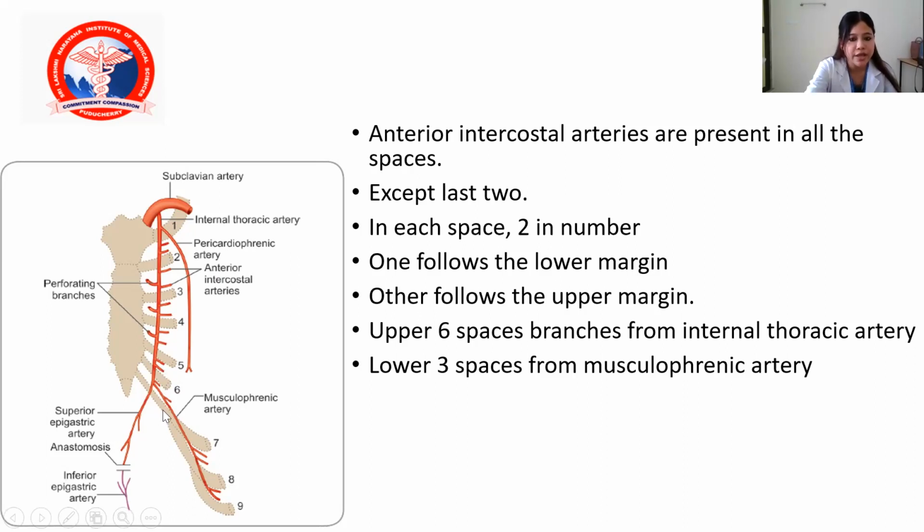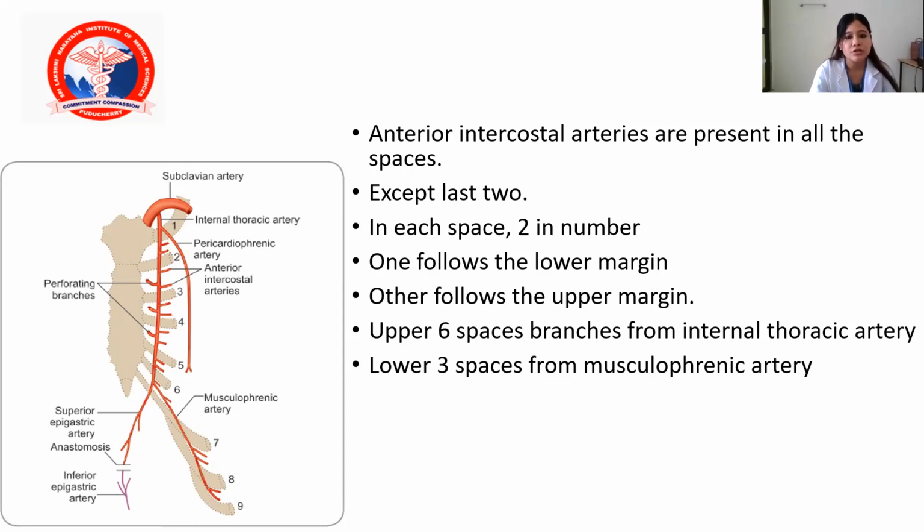In the lower 3 spaces, they are branches from the musculophrenic artery, which is a terminal branch of the internal thoracic artery. The other terminal branch is the superior epigastric artery.